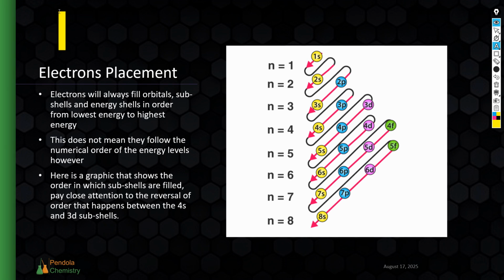Obviously you're not going to do this for every single one, you do them for the ones that you need. But if I follow this, 1s is the first sublevel that's filled. Then we finish the diagonal, we go to the next diagonal. The next diagonal is 2s. Then we keep going and we finish that diagonal.